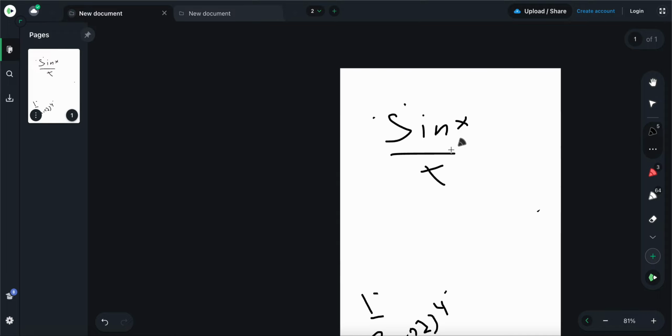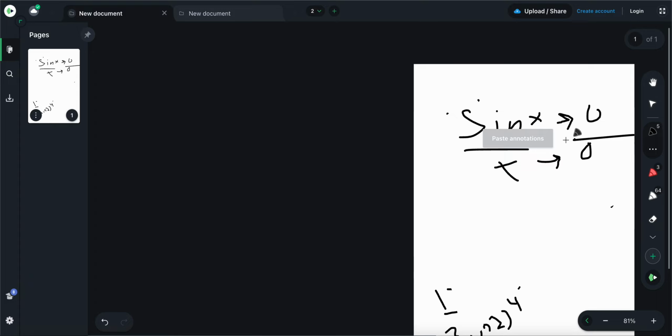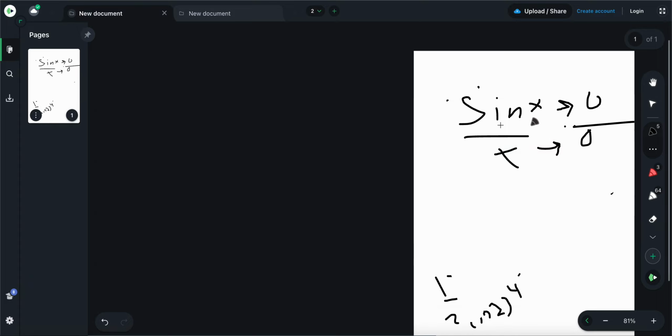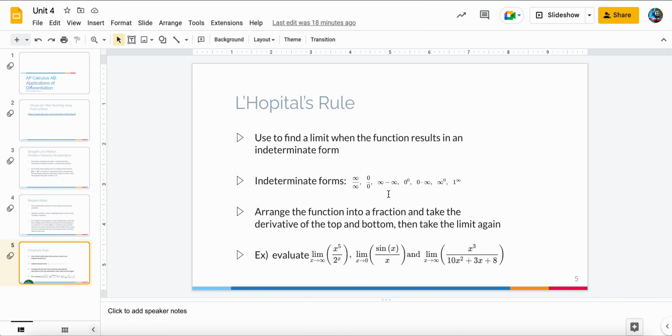If we substitute in 0 for both of these, we get sine of 0 over 0. Sine of 0 is 0. And x, if we substitute in 0, is 0. 0 over 0 is the second of our indeterminate forms right here.